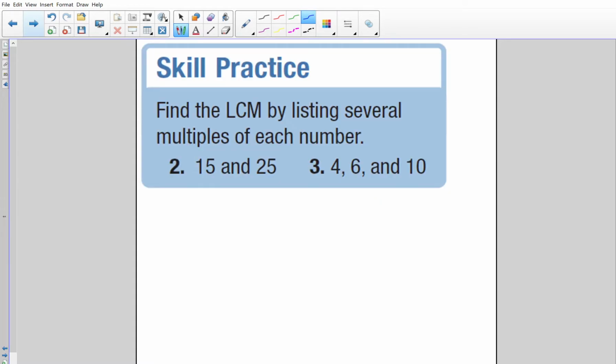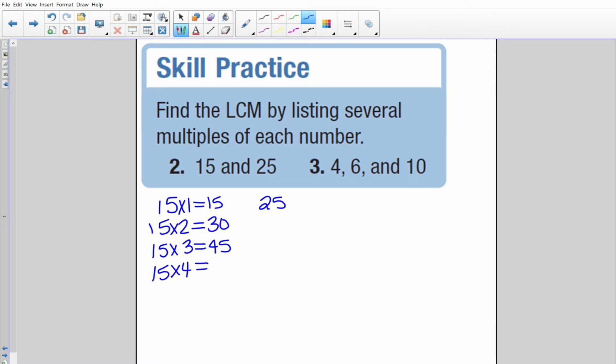Okay, so we can do both of these if you want to pause it and try it on your own. But we've got 15 and 25. If I multiply 15 times 1, I have 15. 15 times 2, I have 30. 15 times 3, I have 45. 15 times 4, I get 60.